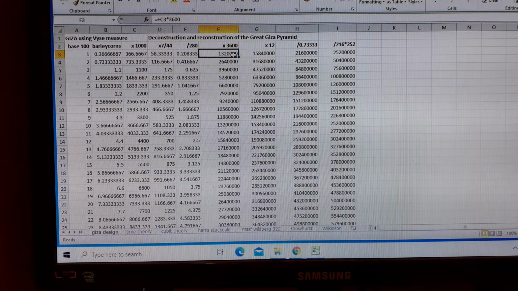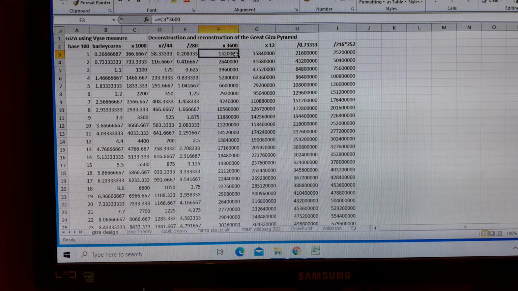And what we're doing here is we're multiplying C3, which is the Giza base in inches, when we're using 1/100th of the Giza base. We multiply it by 3600, this Babylonian factor, and we get 1320000. That's 1/100th of the Giza base length.